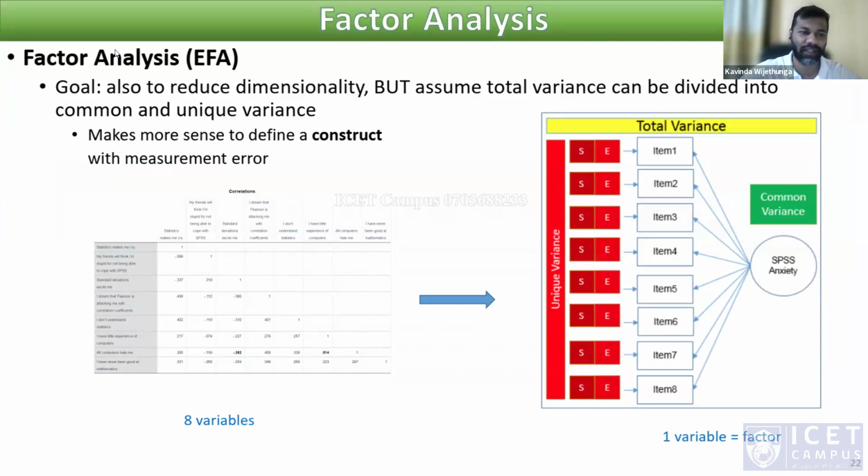So in exploratory factor analysis, the goal is to reduce the dimensionality, but assume that total variance can be divided into common and unique variances. Like what we discussed earlier, our goal is to reduce these items, right?